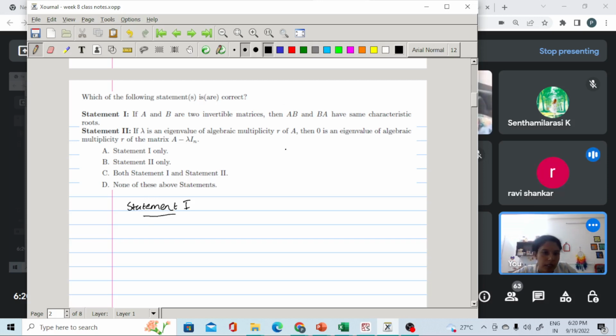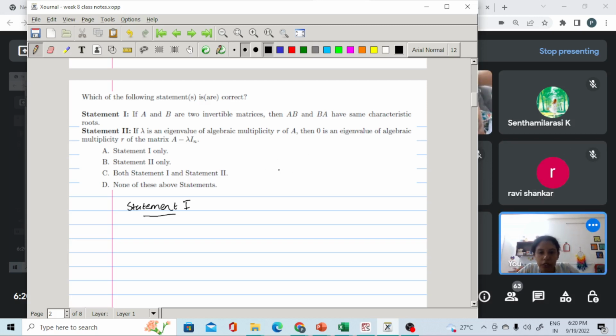Ma'am, AB and BA may or may not be equal, no? We are not saying they are equal. The question is whether they have the same characteristic root or the same characteristic polynomial. For different matrices, the characteristic roots will be different.